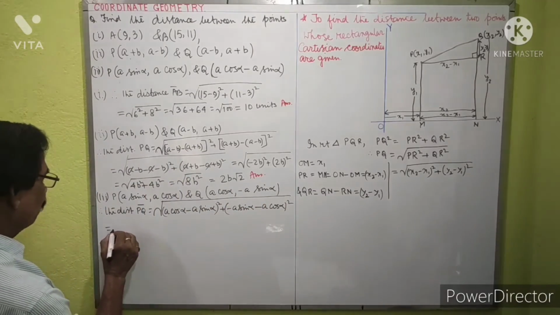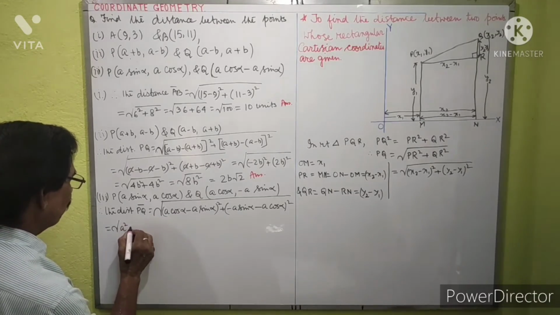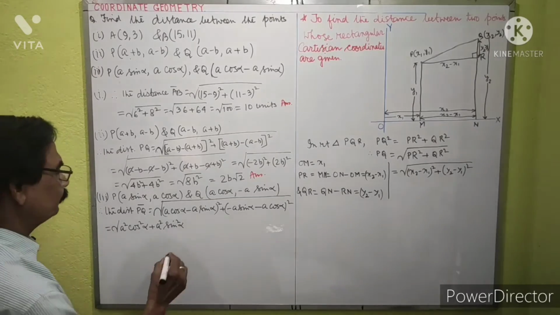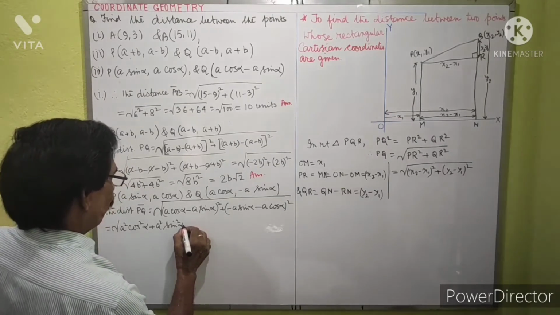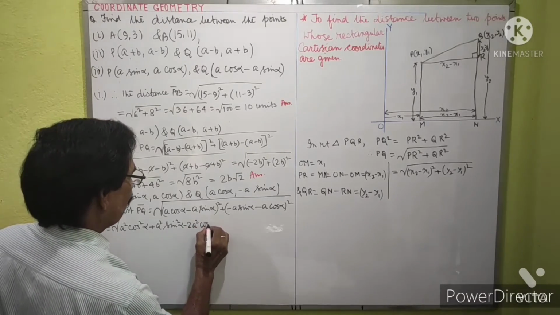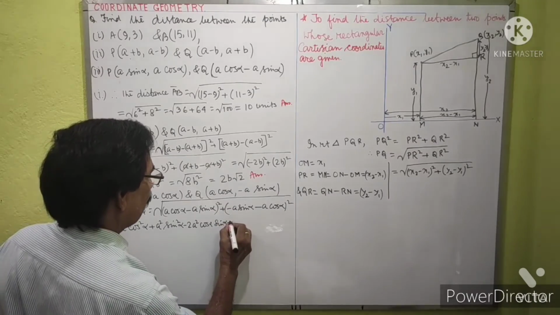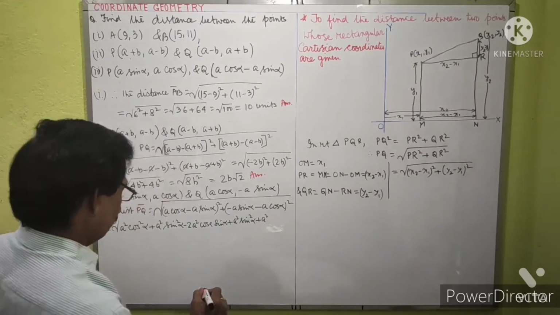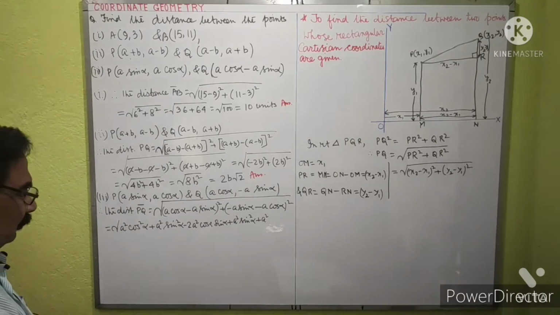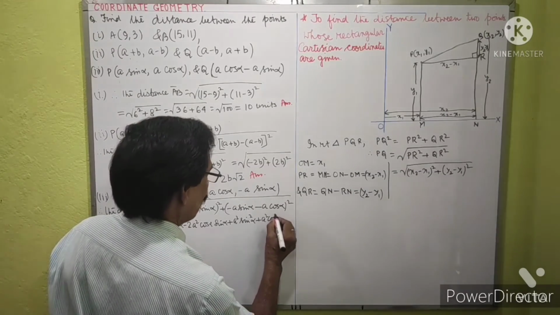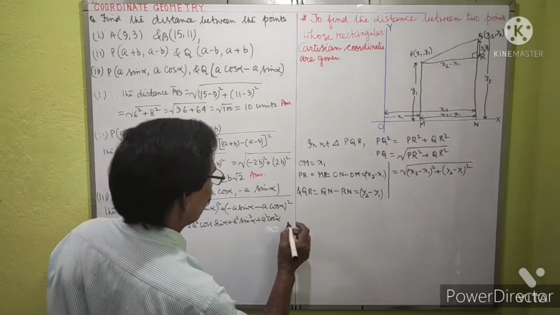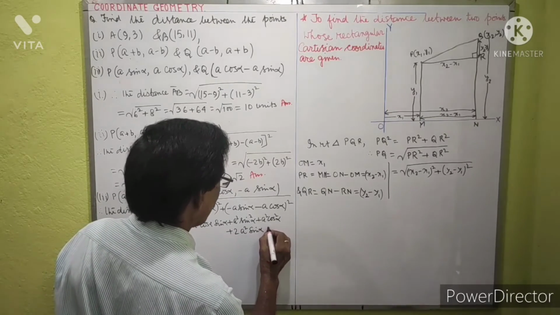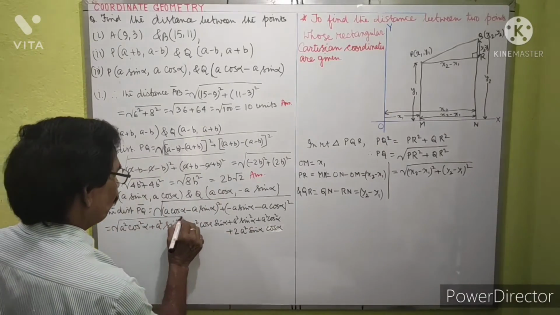Therefore, it will be root over of a square cos square alpha plus a square sin square alpha minus 2 a square cos alpha sin alpha plus a square sin square alpha plus a square cos square alpha plus 2 a square sin alpha cos alpha.